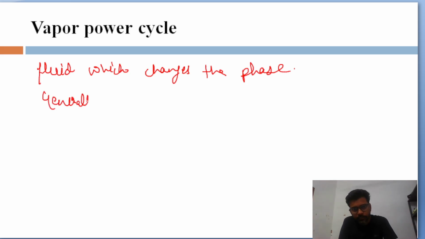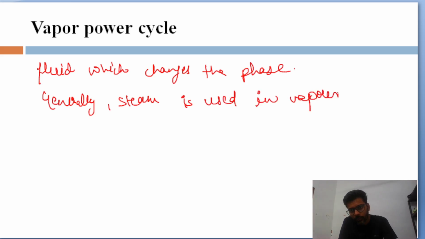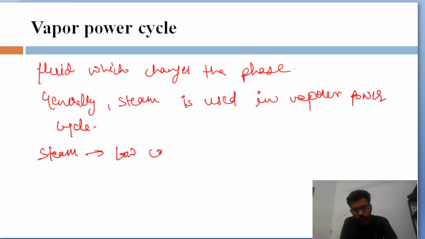Generally steam is used in vapor power cycles, because steam has low cost and is easily available, due to availability we use it.